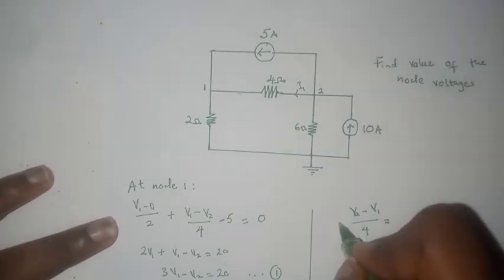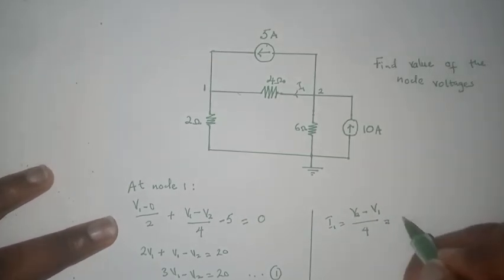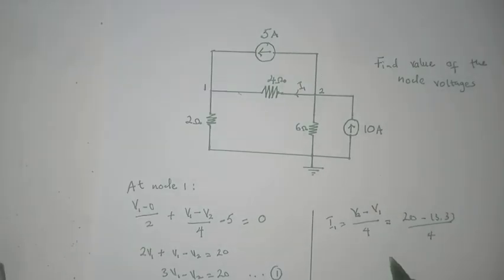So I1 would be equal to V2 minus V1 divided by 4, and that would be 20 minus 13.33 divided by 4, which would be equal to 1.67 amperes.